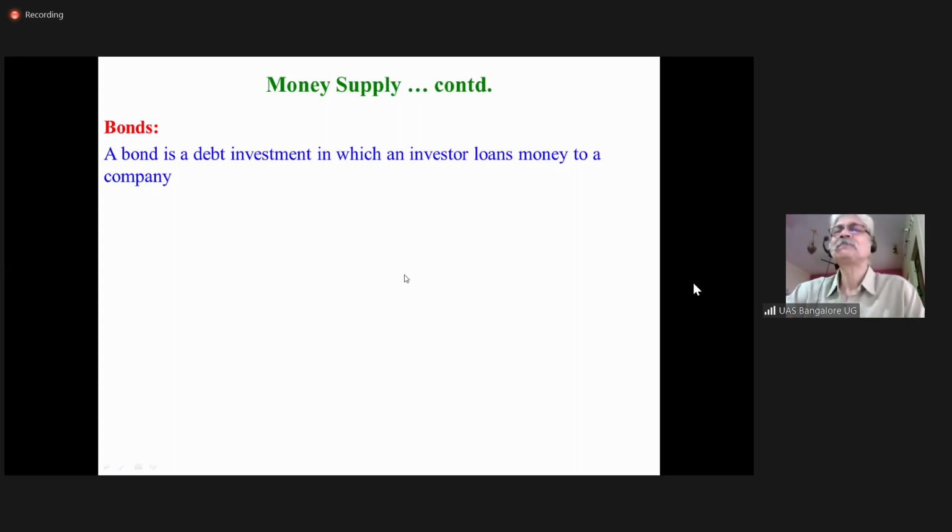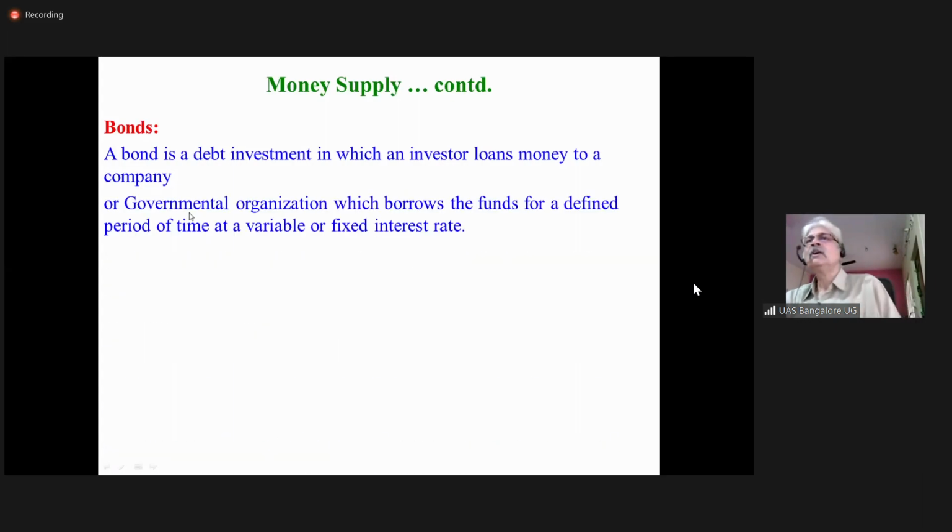Bonds, or a governmental organization which borrows the funds for a defined period, as I mentioned earlier. If the government wants money, it sells bonds. Some time back, the Karnataka government wanted more money for the Upper Krishna project.